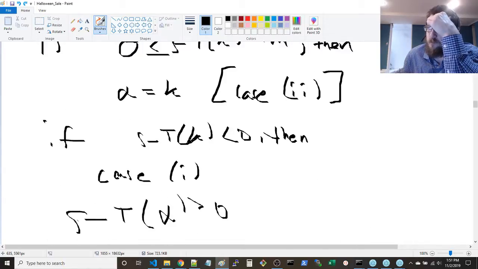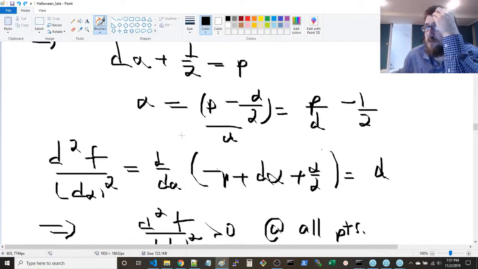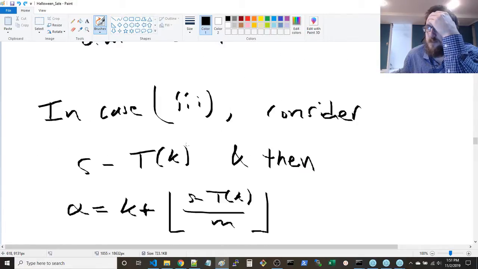If it's greater than or equal to 0, then we're in the third case.